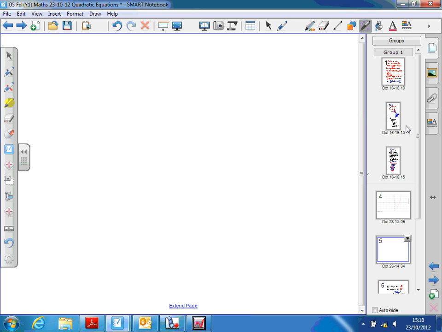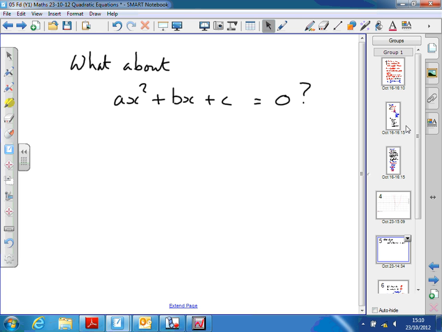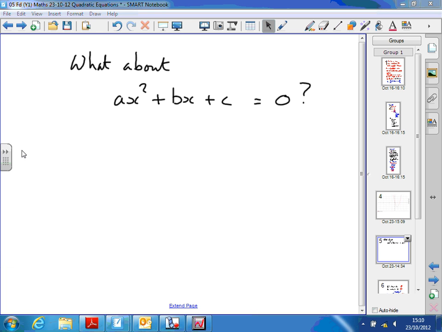Finally, we have to think about what happens if we have values for a, b, and c. In other words, what about ax squared plus bx plus c equals 0? Well, there are a couple of ways I want to look at.